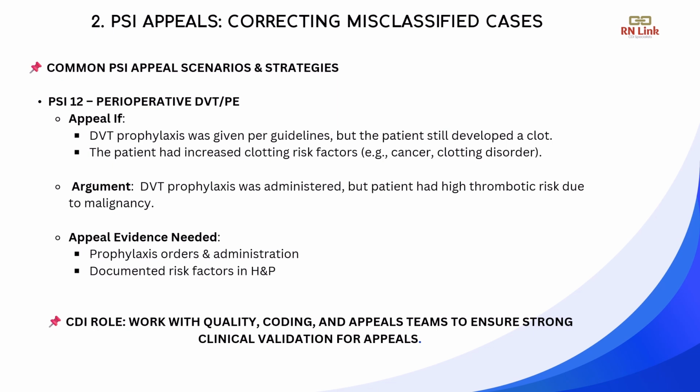Argument: DVT prophylaxis was administered, but patient had high thrombotic risk due to malignancy. Appeal evidence needed. Prophylaxis orders and administration. Documented risk factors in H&P. CDI role: Work with quality, coding, and appeals teams to ensure strong clinical validation for appeals.